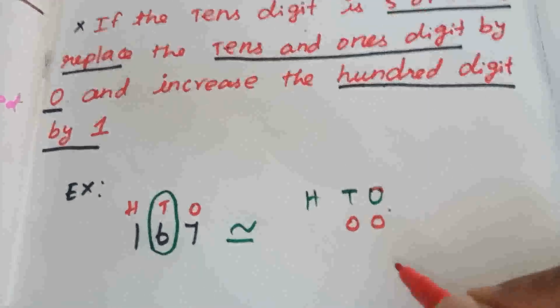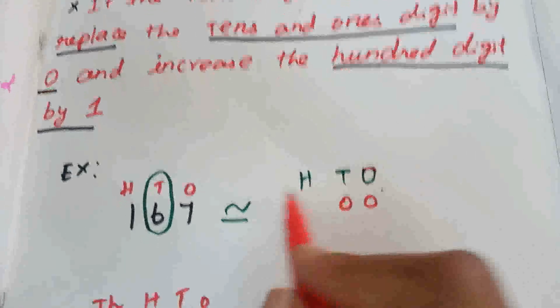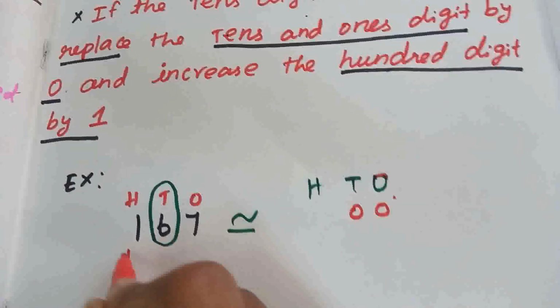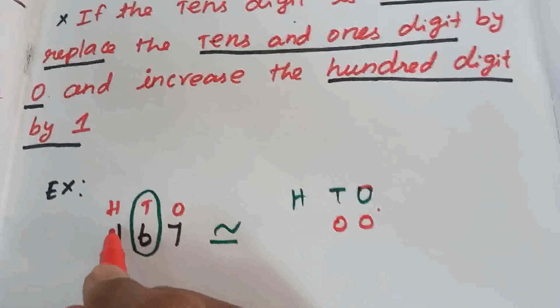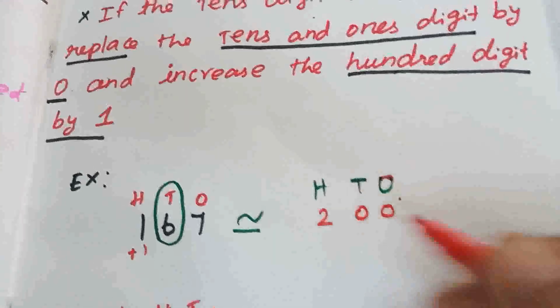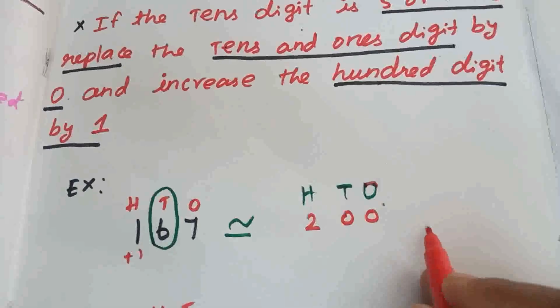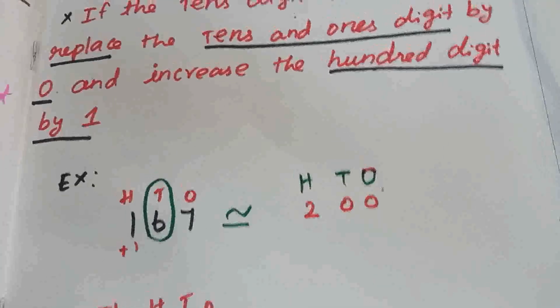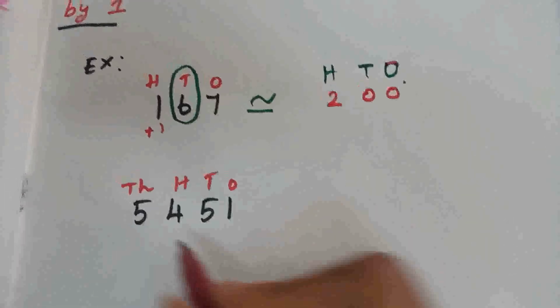Tens and ones place. Then in the remaining place you have to add 1. Already here is 1, and I am going to add 1 again. So what is it? 2. So the answer is 200.